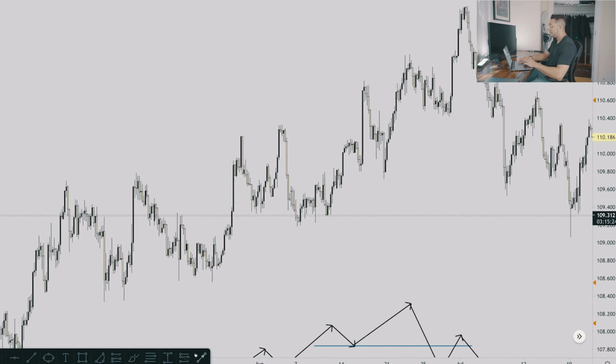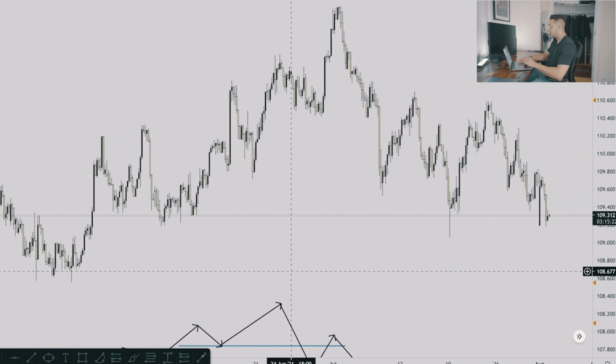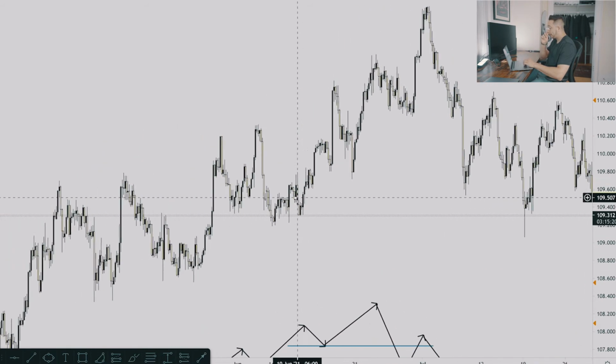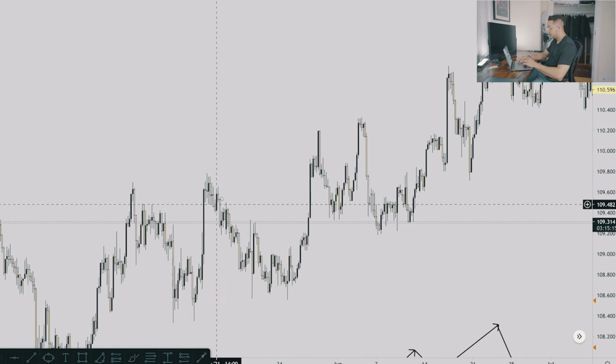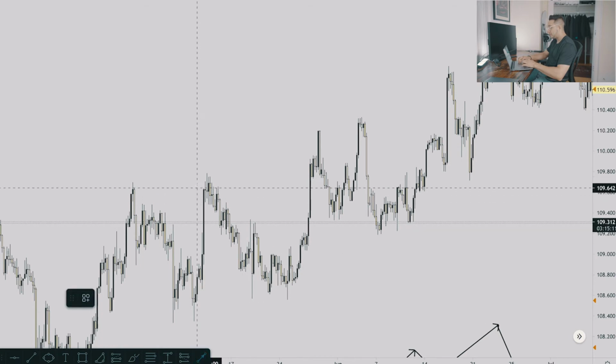So here we are on the 4-hour. We're going to look at this area right here, starting where the mouse is. I'm going to illustrate this with the arrows.